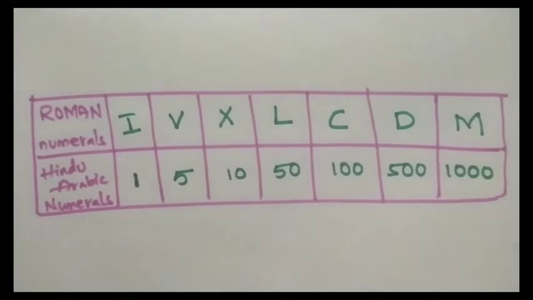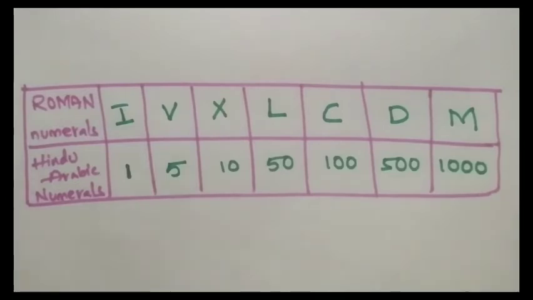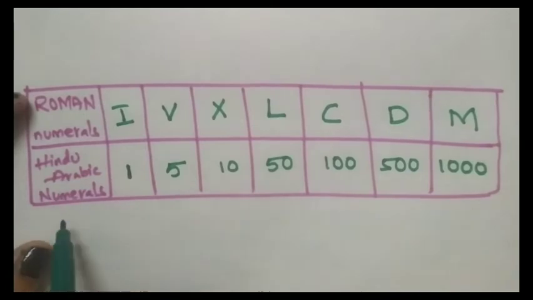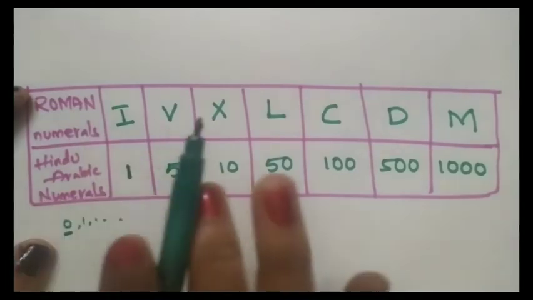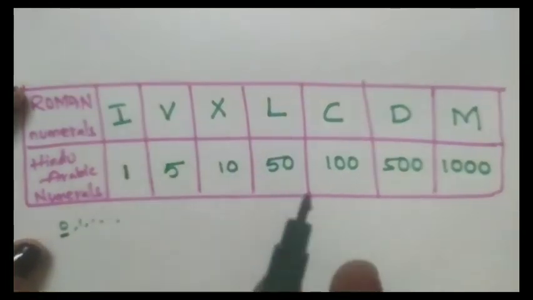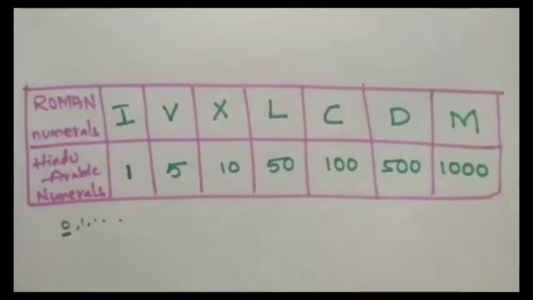Now, to write numbers, there are some rules. There is no symbol for 0 in the Roman system. In the Hindu Arabic system, we have 0, but in Roman numerals, there is no symbol for 0. It does not use place values to write numbers.